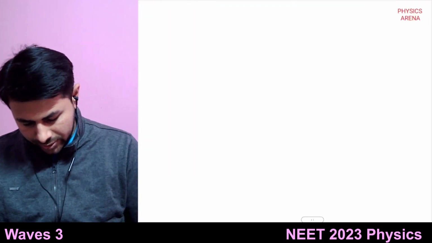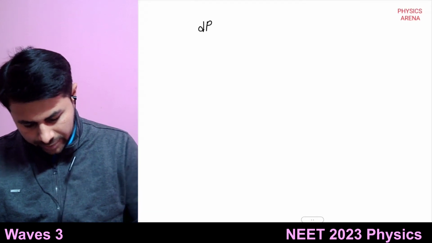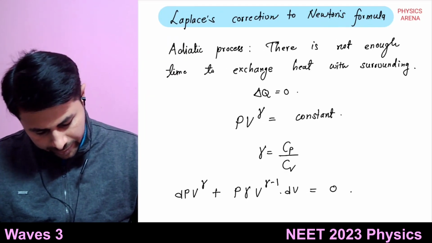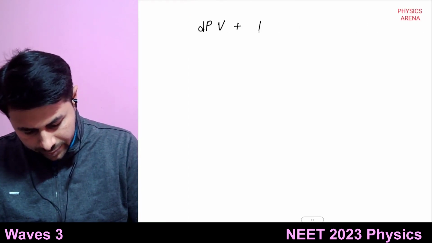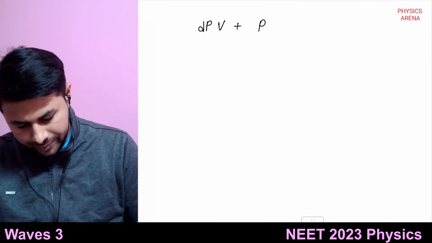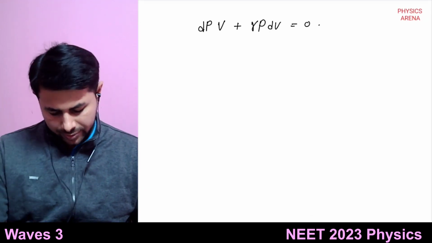So ultimately what do you get? You get dP multiplied by V plus P multiplied by gamma into dV, and this is equal to 0.